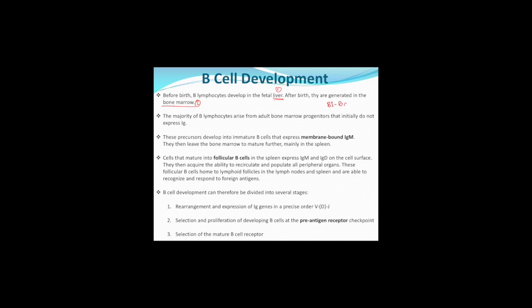The ones that develop in the bone marrow are the ones that we think of as our classical B cells which circulate in the blood.